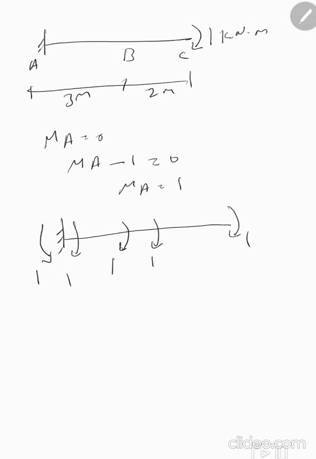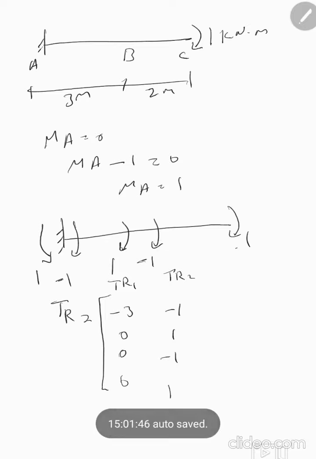So now for TR1. TR1 is -3, 0, 0, 0, and TR2 is -1, 1, -1, 1. Minus and positive depend on clockwise and anti-clockwise. So here this is minus, positive, minus, and this is positive.